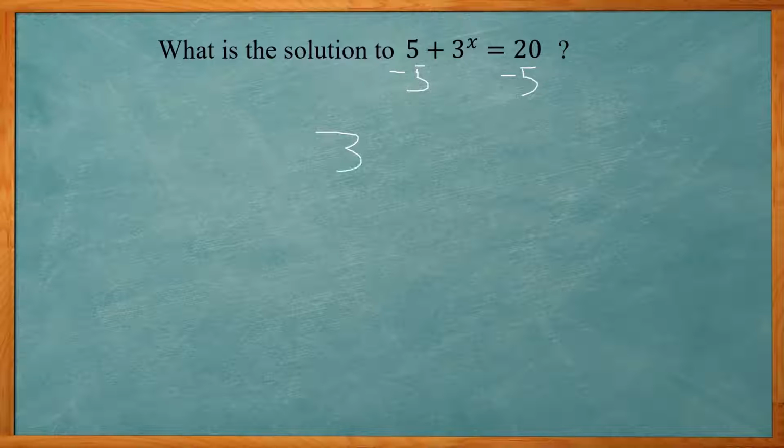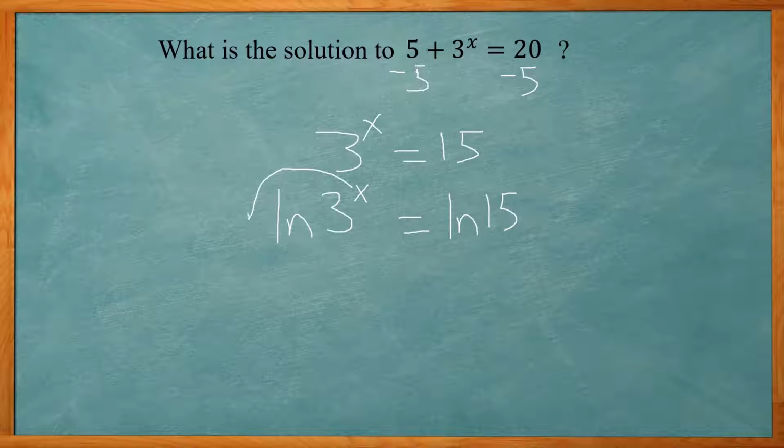That'll give me 3 to the x power equals 15. Now from there, I'm going to take the natural log of both sides. So that's a little trick you can use to get that x out of the exponent position. So once you have it in log form, there's a rule, power rule, where you can move whatever's in the exponent spot out front.